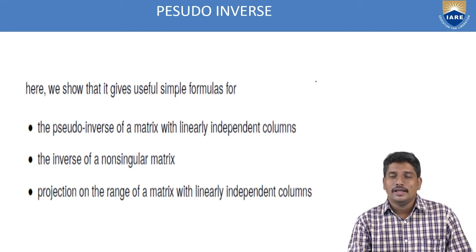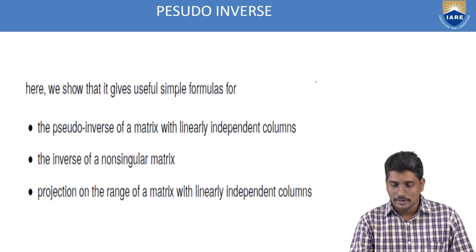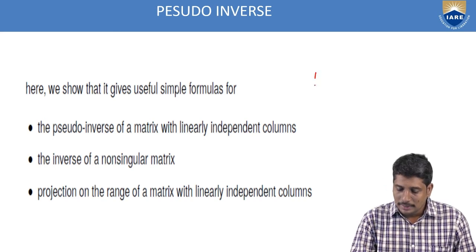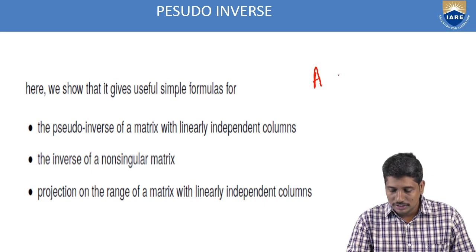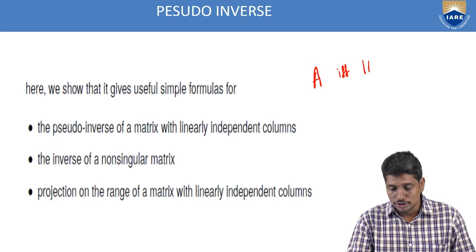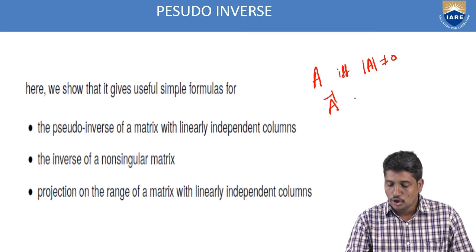Generally, in our elementary matrix theory, we have come across the fact that a matrix A will have an inverse if and only if it is non-singular. That means A inverse exists only if det A is non-zero. That is known to us.